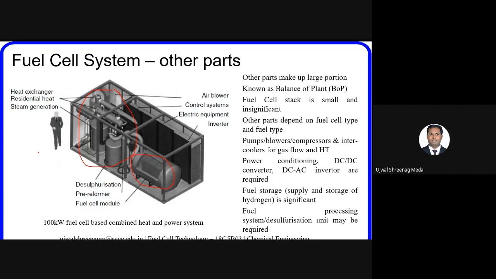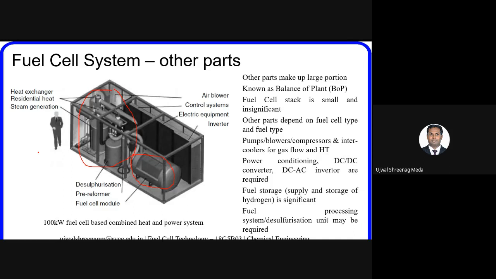Okay, so what are these other components that are necessary? So far when it comes to the usage of fuel, we have heard about two types of fuels. One is hydrogen, the other one is methanol. However, there are many other fuels that can be used in fuel cells.